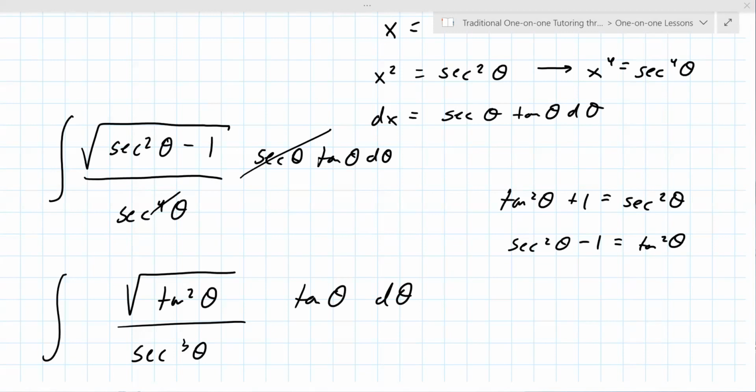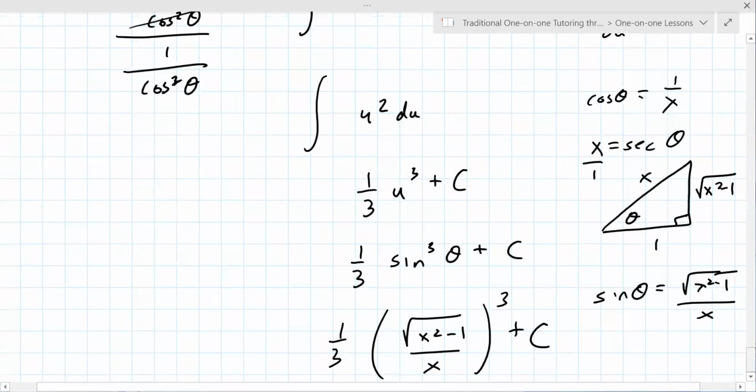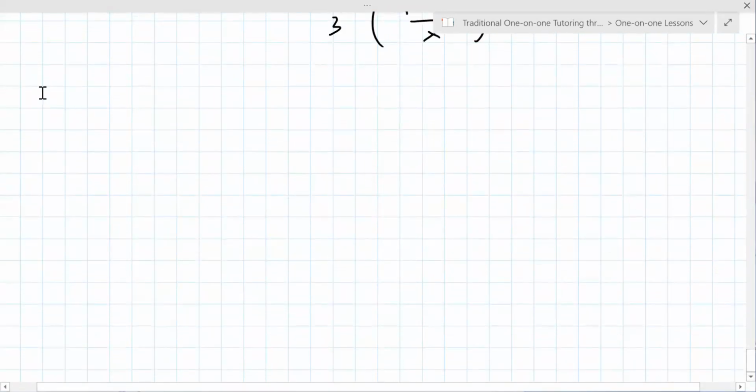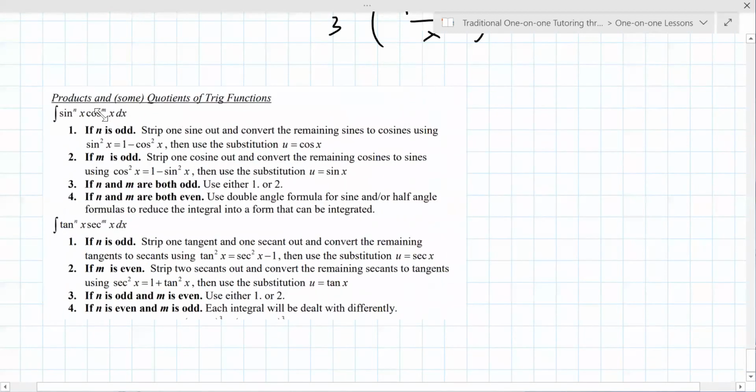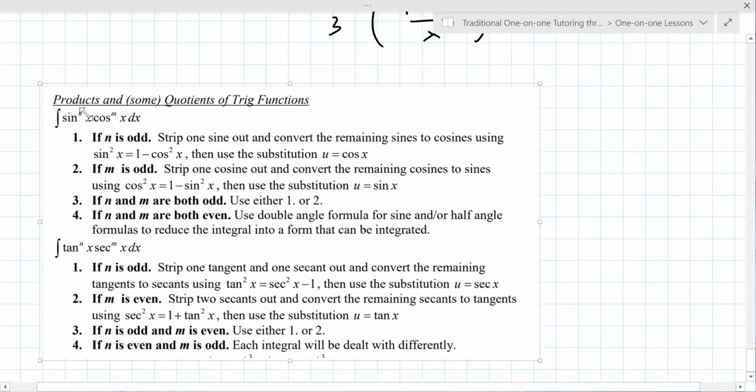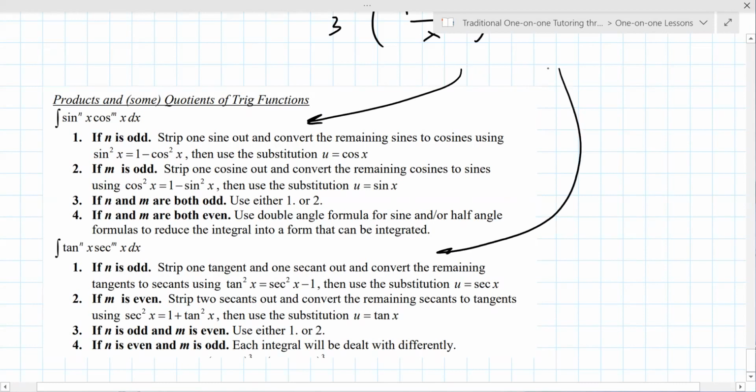One is sine times cosine. To answer your question, yeah, you kind of do, because if you can get into sine times cosine, there's always a solution. And the other one is tangent times secant. So your game is to get it into one of these forms when you're starting out.